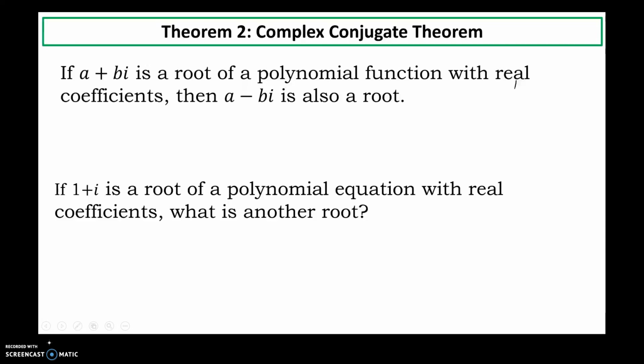Complex conjugate theorem. Okay, complex conjugates we studied in Unit 1 when we first looked at Lesson 1.5, when we were first looking at imaginary numbers. If a plus bi is a root of a polynomial function with real coefficients, that means I need my polynomial to have real coefficients.